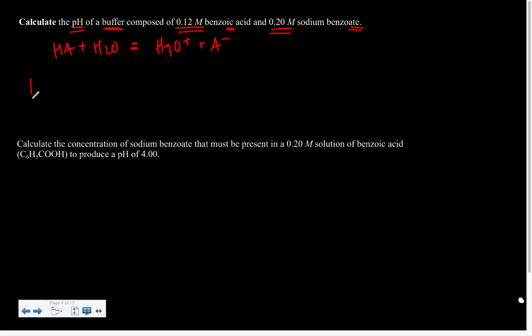So then my K expression. By the way, what do we need to solve this problem? We need the K value. We have our H3O plus times A minus over HA, and this is going to equal 6.3 times 10 to the negative fifth.